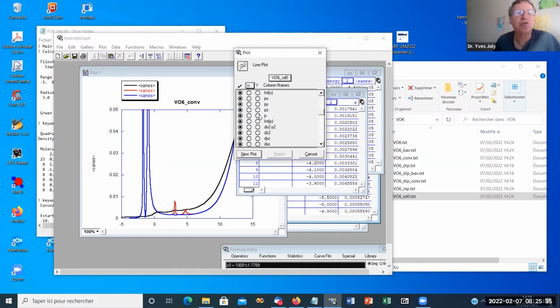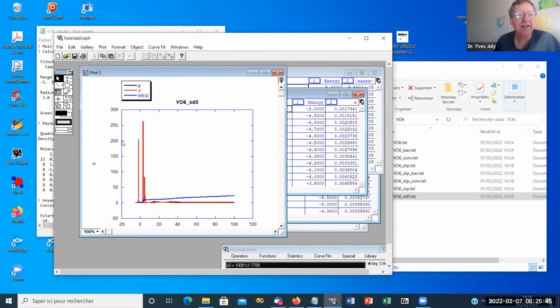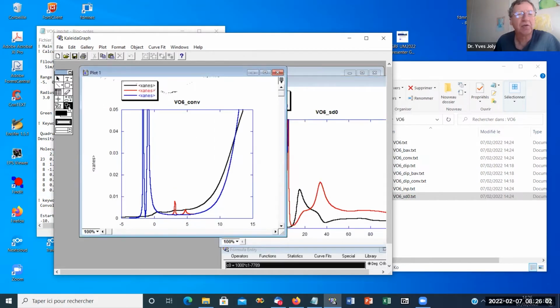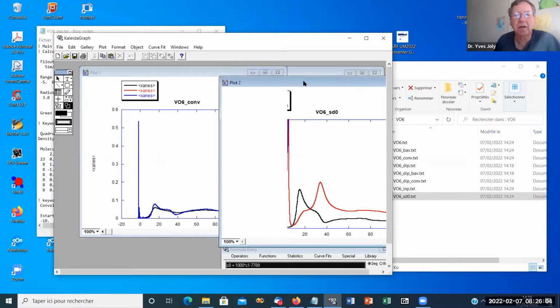Well, first, I can plot the total of the P state, to summarize, and the D state, and the integral over the D state. New plot. So first, about the P state, the black. You can see that it's very similar to the edge we saw before, the XANES spectra.